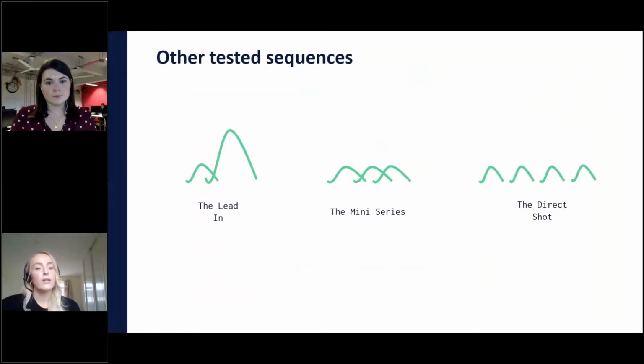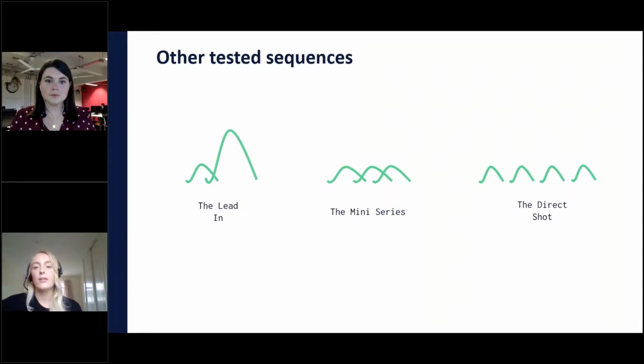And there are some other sequences too that YouTube suggests. So you've got the lead in there, which is a 6-second bumper to introduce or tease the viewer into something that's upcoming. And then you can serve them with that longer form 30-second content as well. You've got the mini series, which is just a mini series with 6-second bumpers.